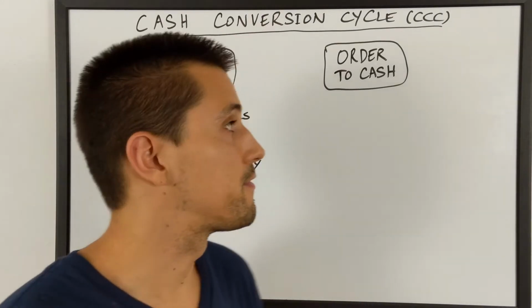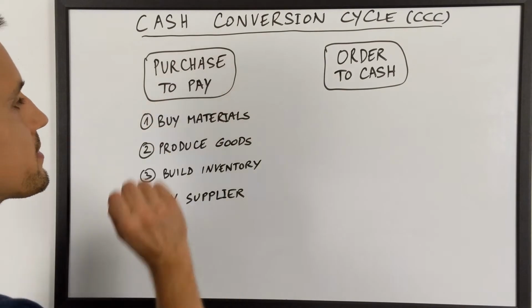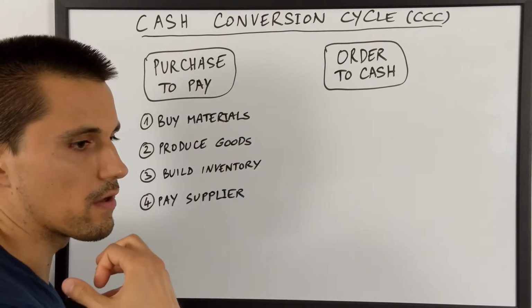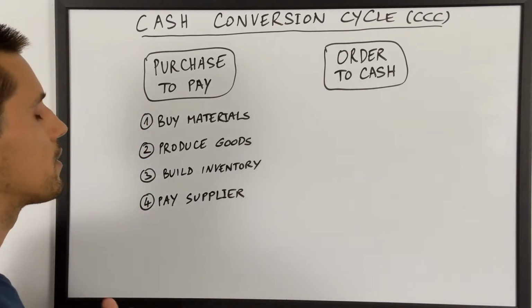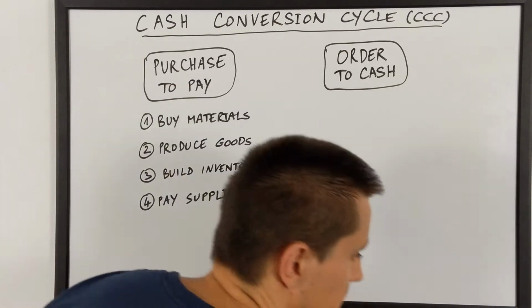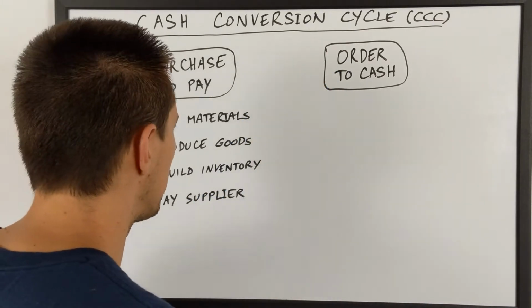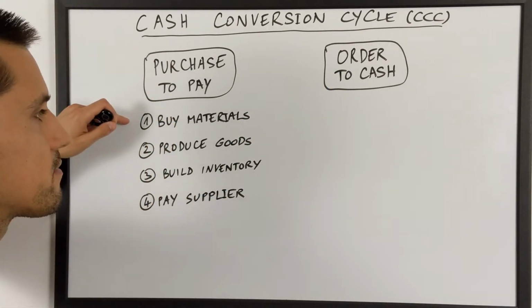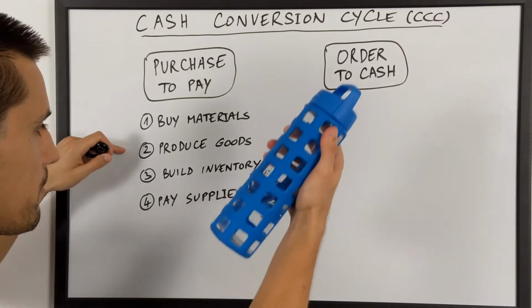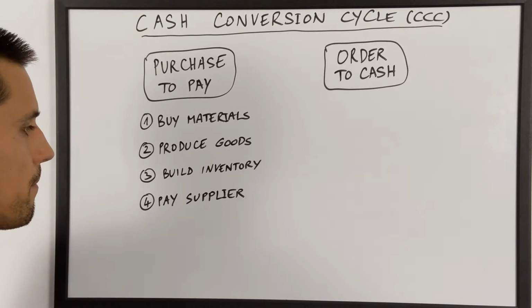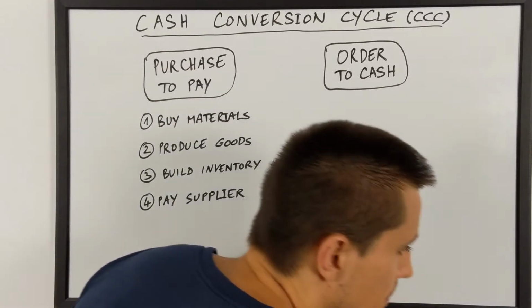So let's start with the first process on the left here, purchase to pay. I have listed the different steps that a company usually goes through. Let's imagine I produce this great glass bottle here. I'm gonna buy materials from my suppliers, I'm gonna produce goods, I'm gonna build inventory, and at some point I'm gonna pay my supplier.